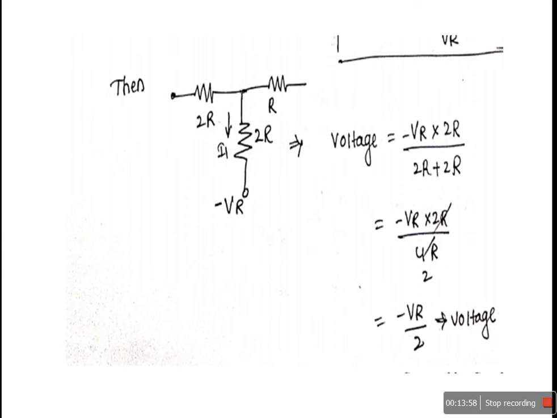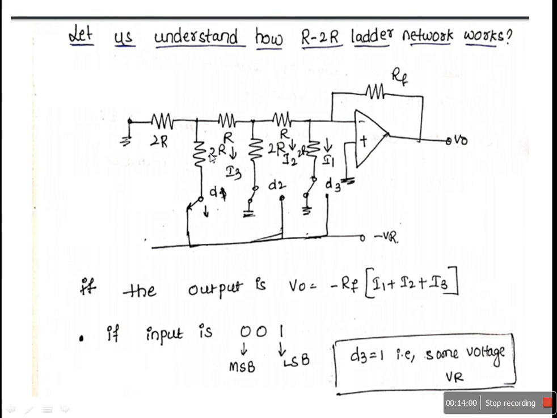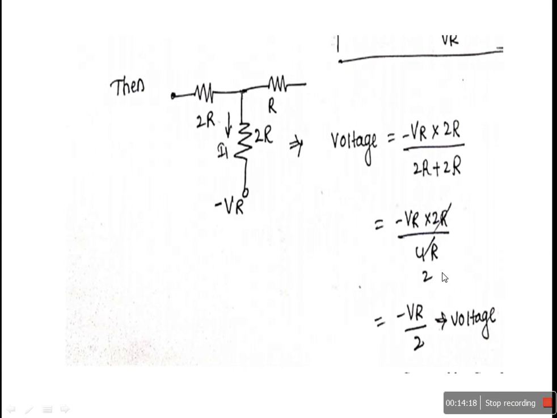Actually what happens here is, the next bit is 0 1 0. 0 1 0 means this bit is connected to 0, this bit is connected to 1, and the last bit is connected to 0. So in order to calculate the voltage across this path, first I need to consider the D1 voltage and the D1 resistance also. If D1 is connected, the voltage is minus VR by 2, and the equivalent resistance is nothing but 2R into 2R by 2R plus 2R.